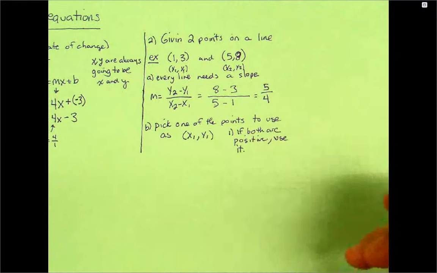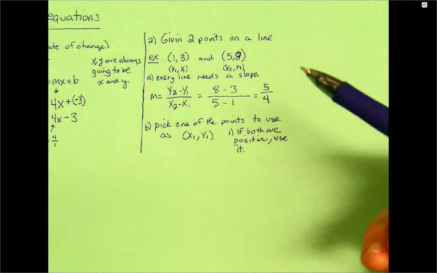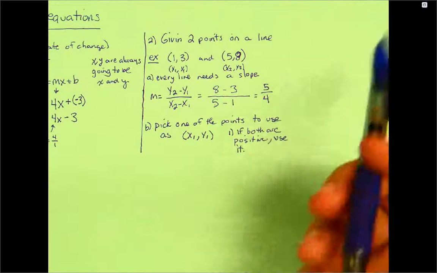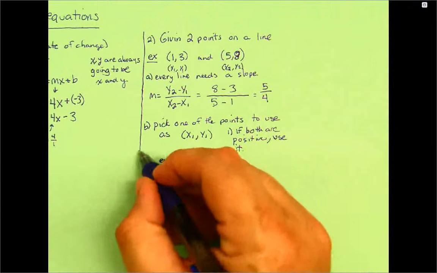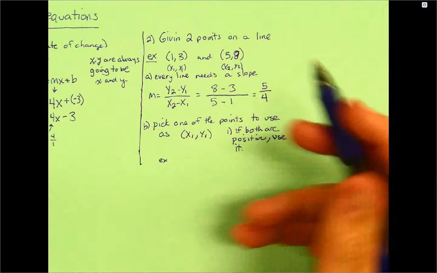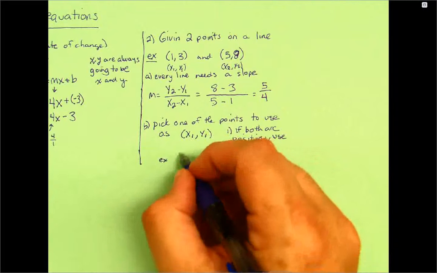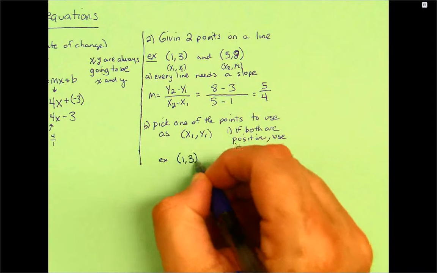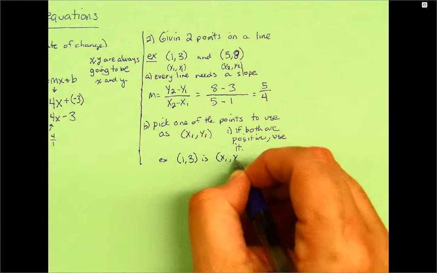So for this example, I would say, all right, I'm just going to use 1, 3. So x1 is equal to 1, y1 is equal to 3.